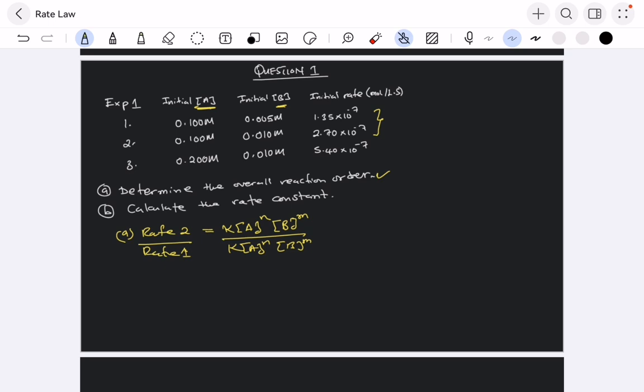For experiment 2, our rate is 2.70 times 10 to the power negative 7.